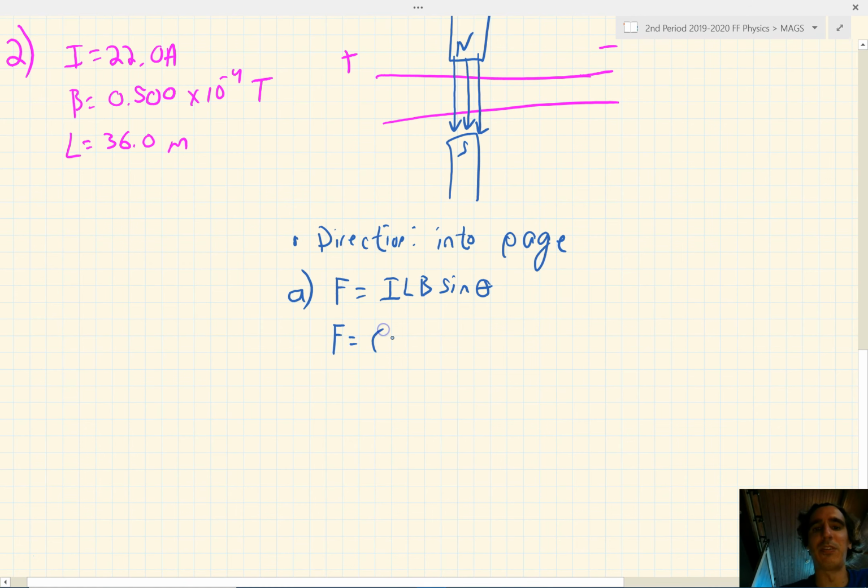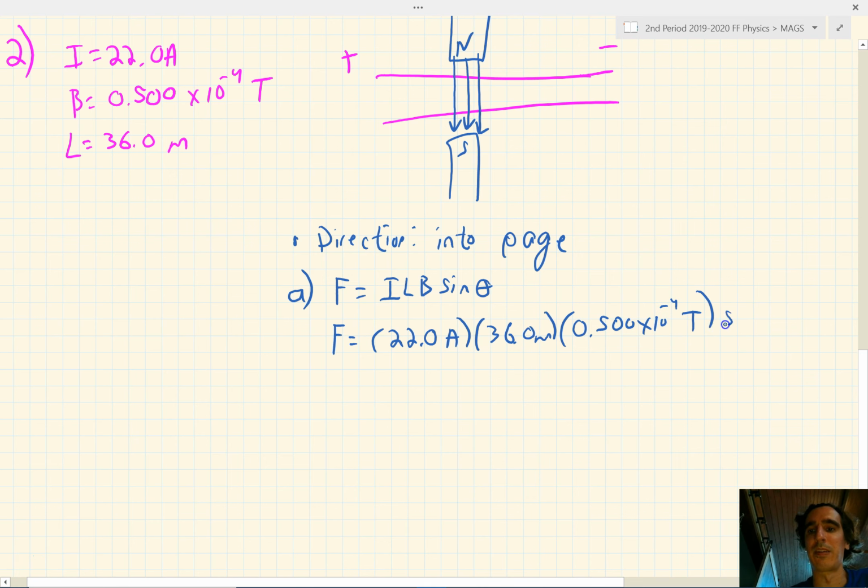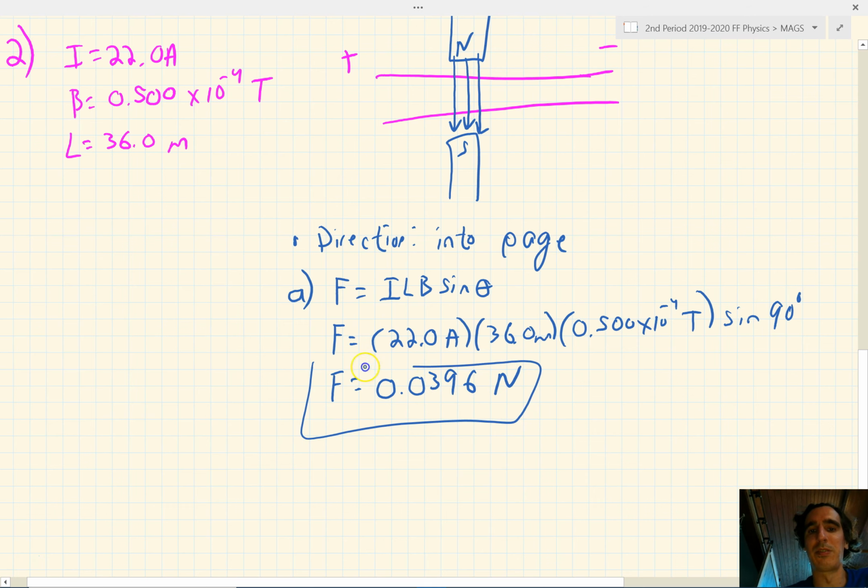So we have F is equal to 22.0 amps times the length of the 36 meter wire times the magnetic field, 0.500 times 10 to the negative 4 teslas, times the sine of 90 degrees. Plug and chug, and we get a force to be 0.0396 newtons. And again, it's going into the page.